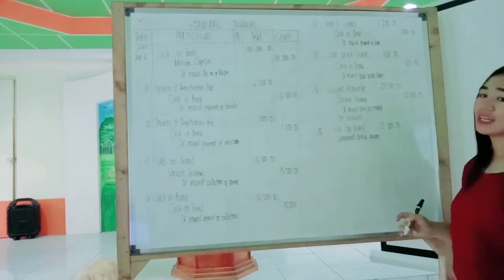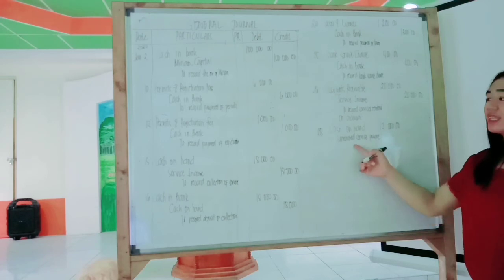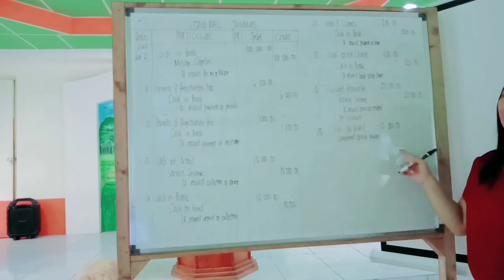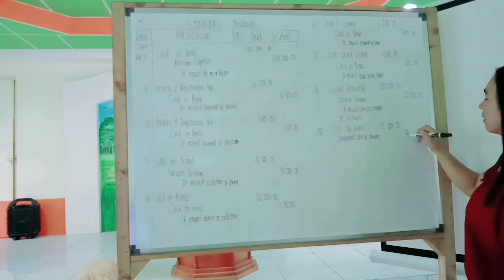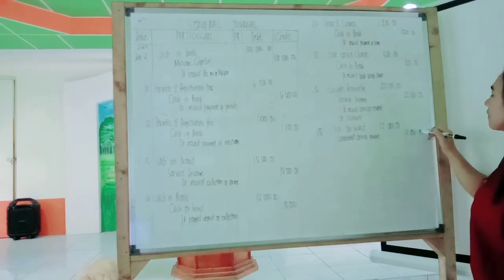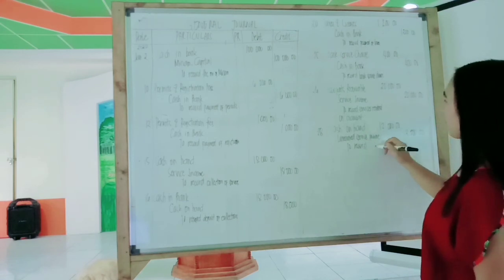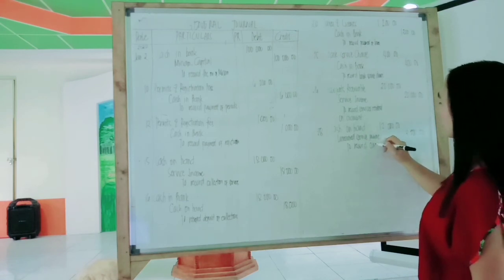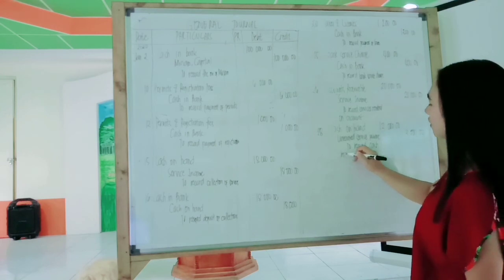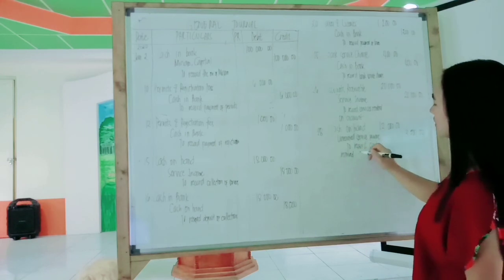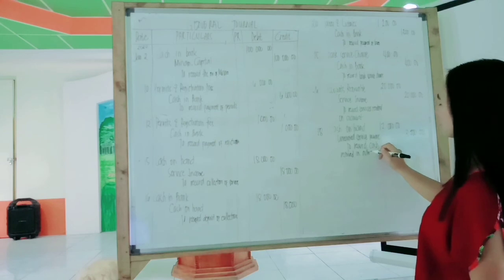Once na i-render natin yung service na hinihingi sa atin, that's the time na maaalis ito. But for this time, considered na utang natin yung 12,000 pesos. So, to record cash received in advance.